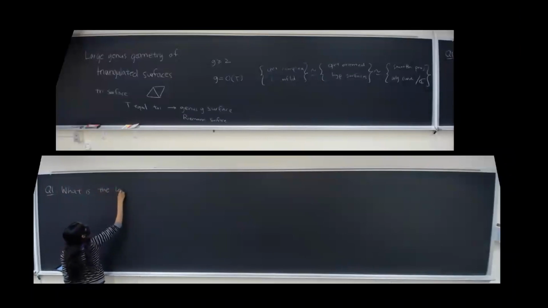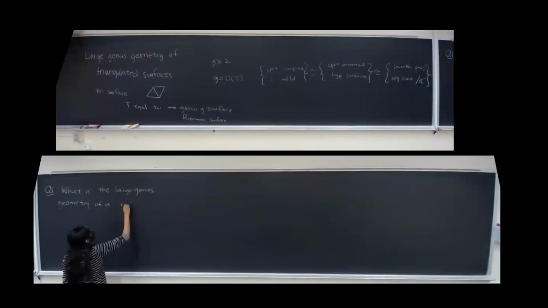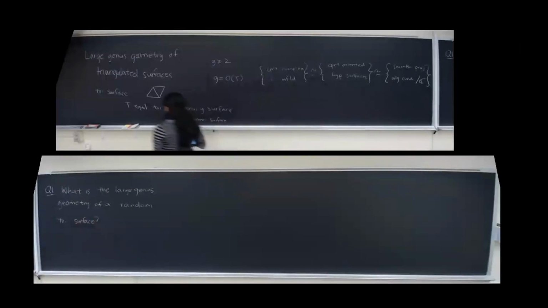What is the large genus geometry of a random triangulated surface? Let me explain what I mean by this.